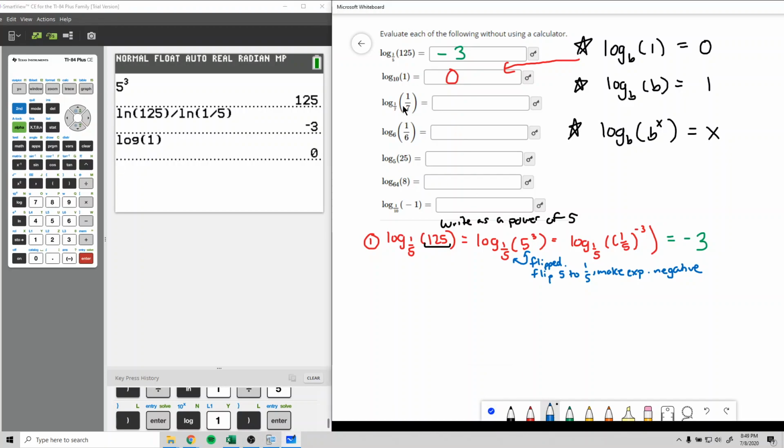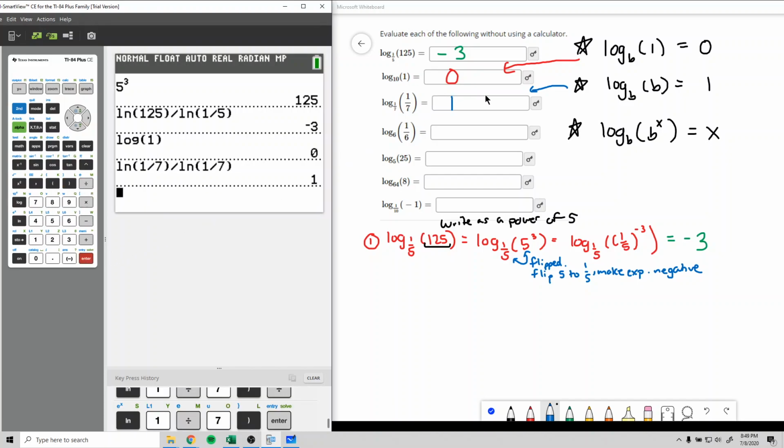The third one, log base 1/7 of 1/7. The base and the inside exactly match, so that's just the second rule. If the base of the log and the inside match, then we get 1. And once again, you can check that: the natural log of what's inside divided by the natural log of the base is 1.